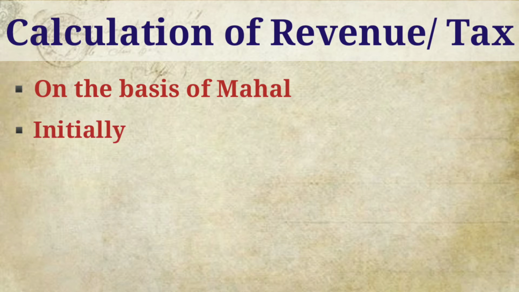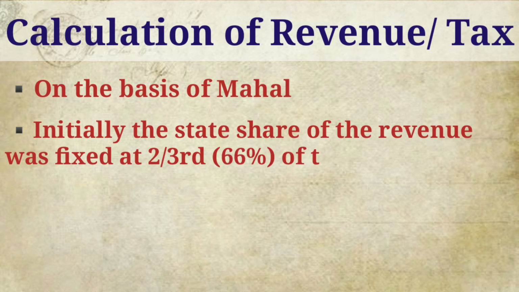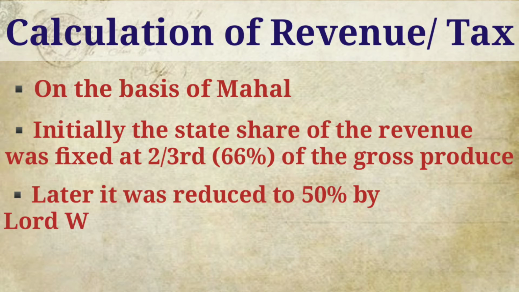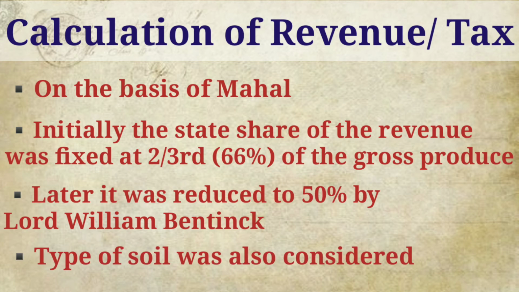Children, initially, the state share of revenue, that is, how much of the revenue had to be paid to the state, was fixed at 2/3 of the gross produce, which means it was 66% of the gross produce. Later, it was reduced to 50% by Lord William Bentinck. Children, the type of soil was also considered while fixing the average rent. Is it clear, children?